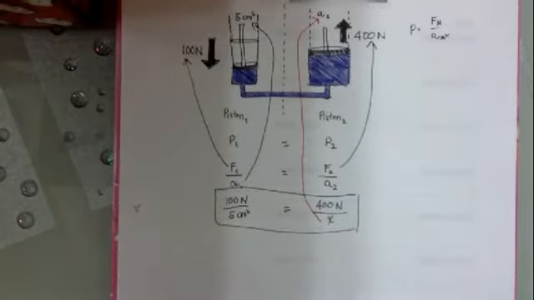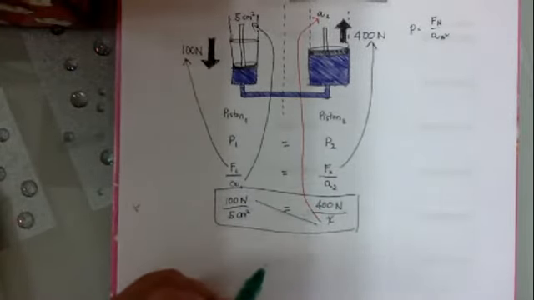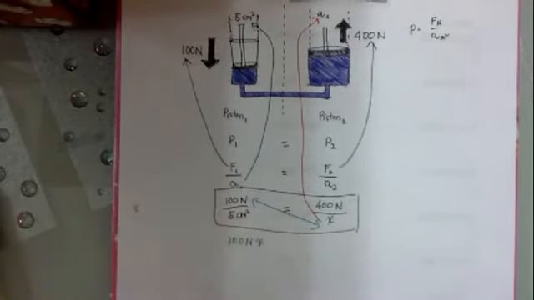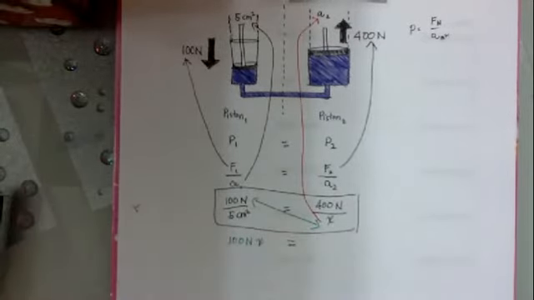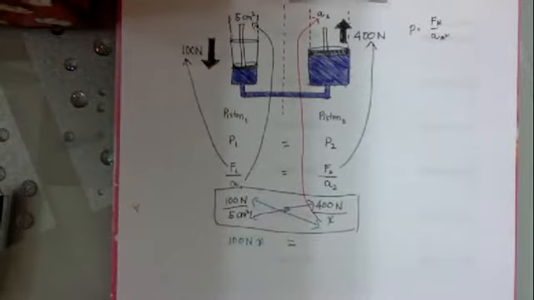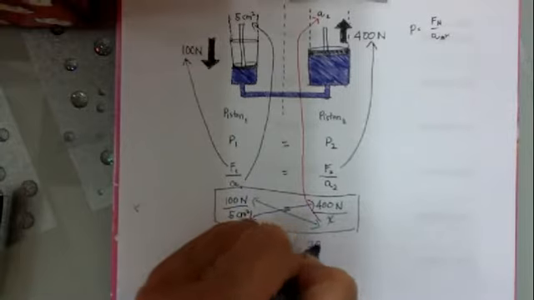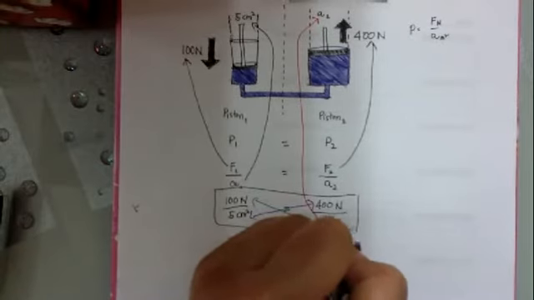And how do you solve this? You cross multiply. So you multiply these two, and you end up with 100 newtons x. Always include the units. This is equal to, multiply these two values: 400 times 5 is 2,000 newton centimeter squared.